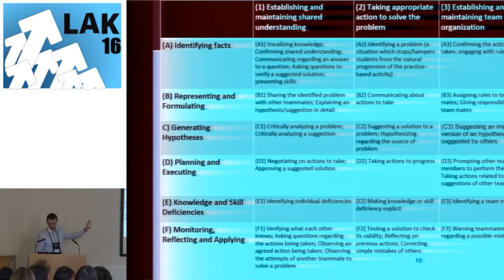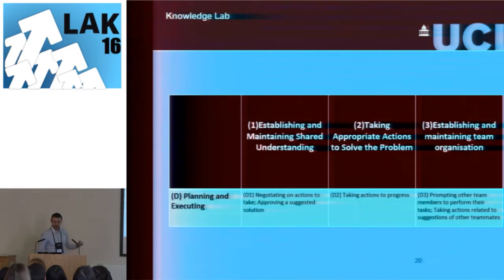I know it's very hard to read, but what I really want to show you is that we have the problem-solving dimensions as the rows, and the collaboration dimensions as the columns, as you can see. And within each cell, we have an observable action that relates to these specific 2 competencies that we have identified.